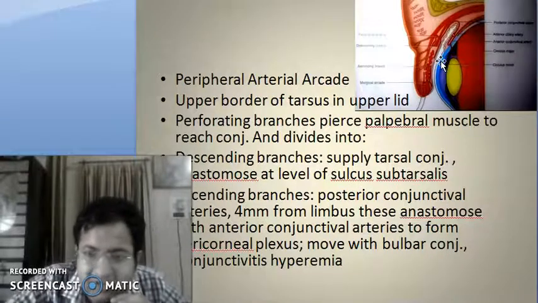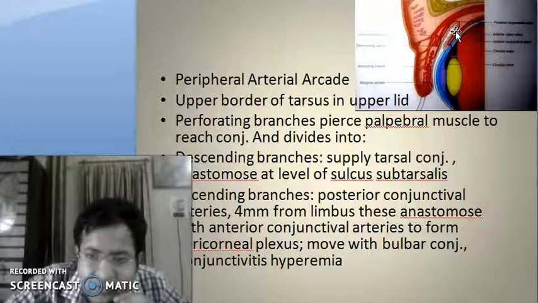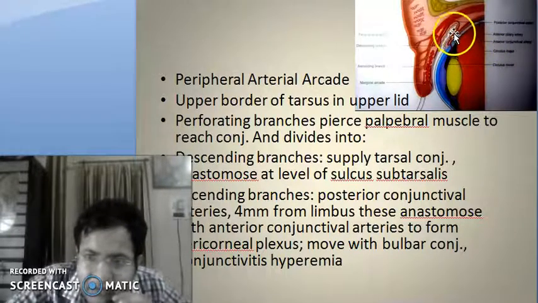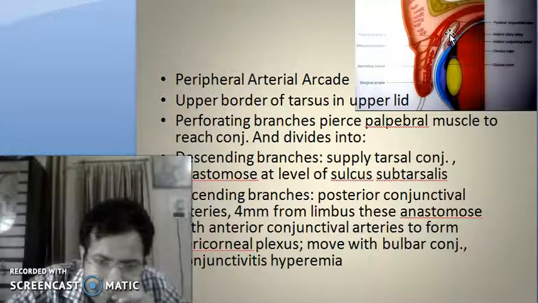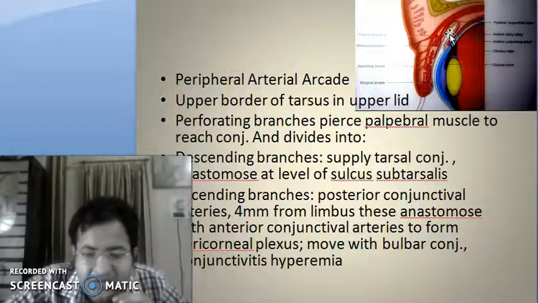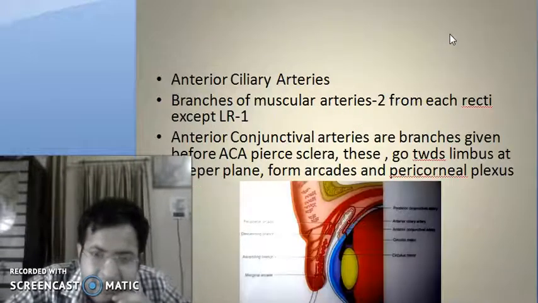At 4 millimeter from the limbus they anastomose with the anterior conjunctival arteries to form a pericorneal arterial plexus which moves with the bulbar conjunctiva. In cases of conjunctival hyperemia, this plexus is swollen and dilated.